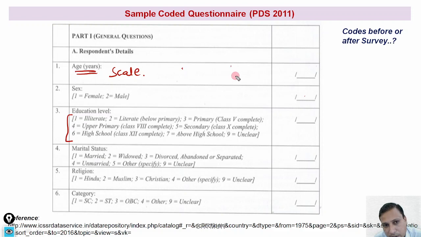Usually we should avoid making categories for scale data. We should collect proper scale data using our questionnaire or interview schedule, and then when you are entering data into MS Excel, there you can make some categories for analysis purposes. Fine. We'll see this when we actually deal with the data. Now let me take you to the next slide.